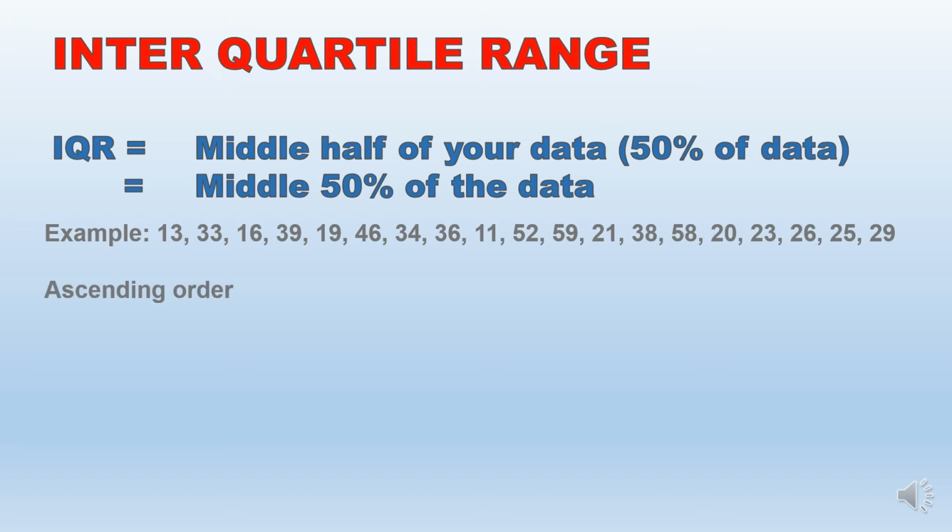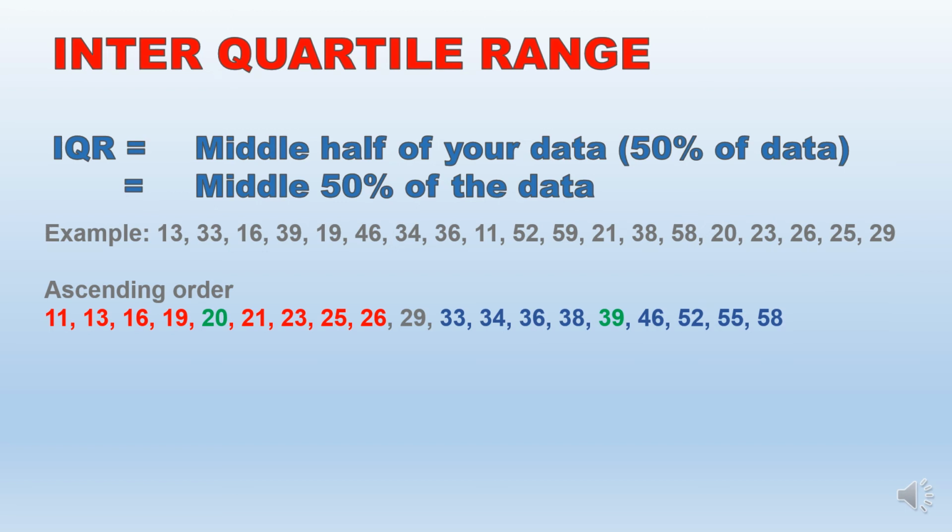First we need to arrange the data in ascending order, and then we can calculate the IQR by using the formula Q3 minus Q1. How do we identify Q3 and Q1? I gave 19 data points. In that, the middle one, 29, is the median. We need to divide the data into two parts, first half and second half.